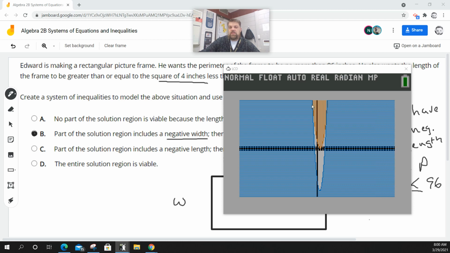Over here, it overlaps in the negative, and over here, it overlaps in the positive. The viable solutions are just the positive ones. The negative ones won't work.